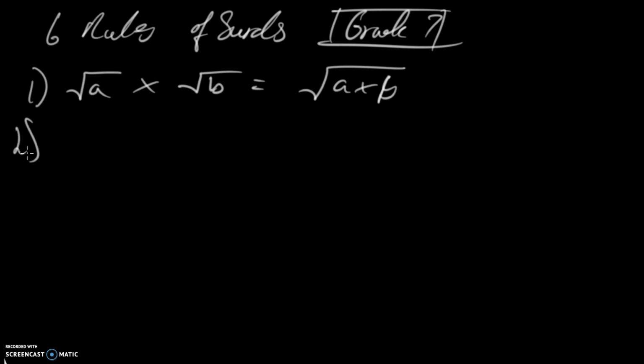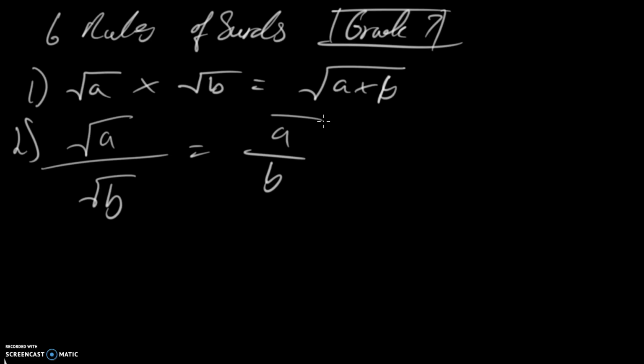Now rule number 2. Root a over root b gives us root of a over b. So we just combine the roots together and put a division line between.